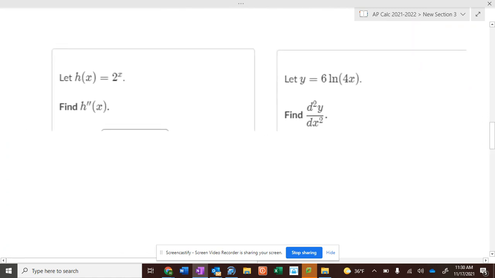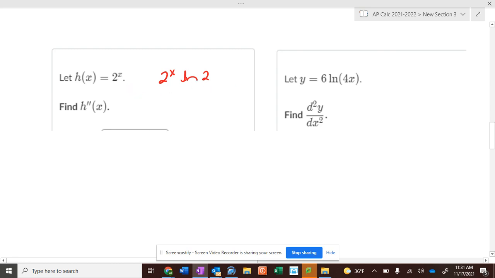2 to the x power. This is where it gets a little more difficult when they start throwing these at you. So that's when you get out your note card, because even I don't always remember exactly what to do. Okay? So if it's 2 to the x, it's 2 to the x times the ln of 2 times the first derivative of the power, which is 1.